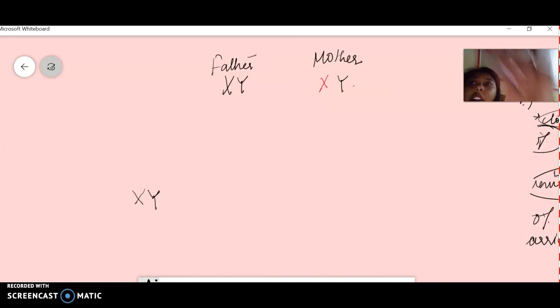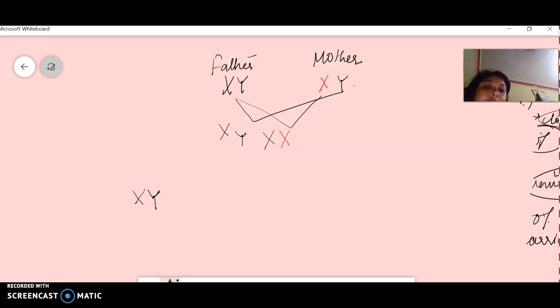So if you do the crossing, you will have a normal XY, then a normal X, then a carrier, then an affected individual.